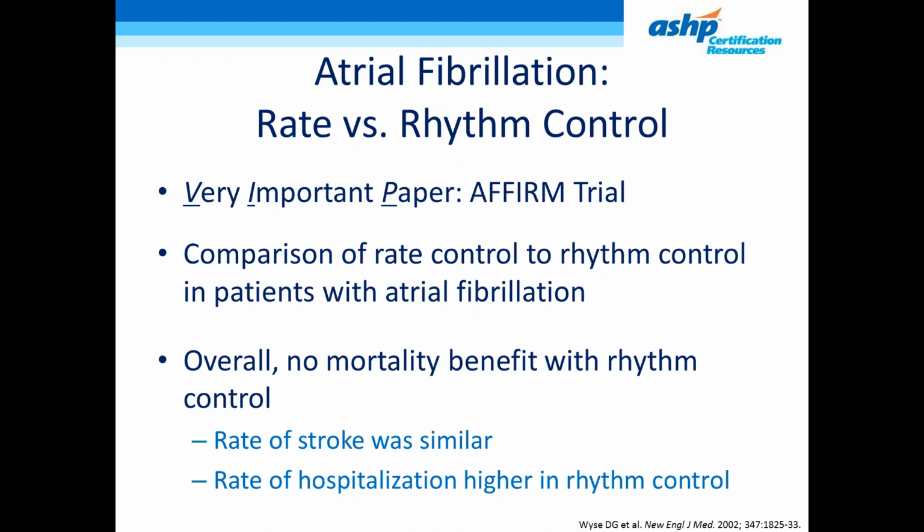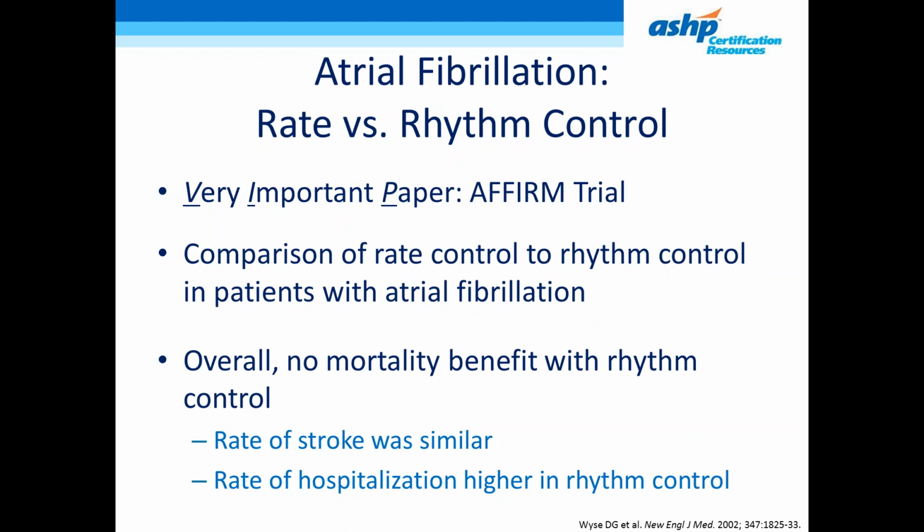A very important paper was published called the AFFIRM trial. And the AFFIRM trial compared rate control to rhythm control in patients with atrial fibrillation. The expectation was that the patients in the rhythm control arm would have lower morbidity and lower mortality because they would be maintained in sinus rhythm compared to their comparator group, which was simply rate control. However, this study found there was no mortality benefit with rhythm control.